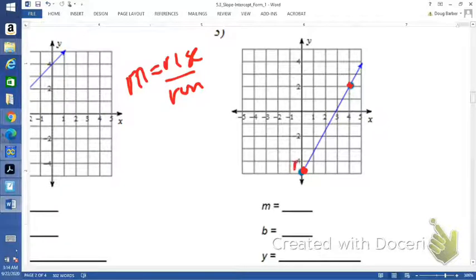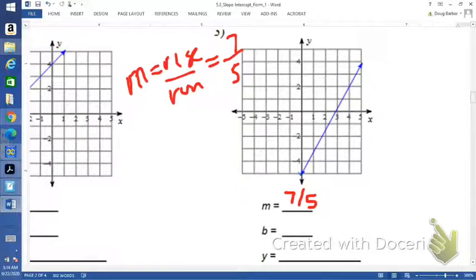I'm going to go up 1, 2, 3, 4, 5, 6, 7. Since I went up, the 7 is positive. And then over 1, 2, 3, 4, 5. Since I went to the right, 5 is positive. So my slope is equal to 7/5.